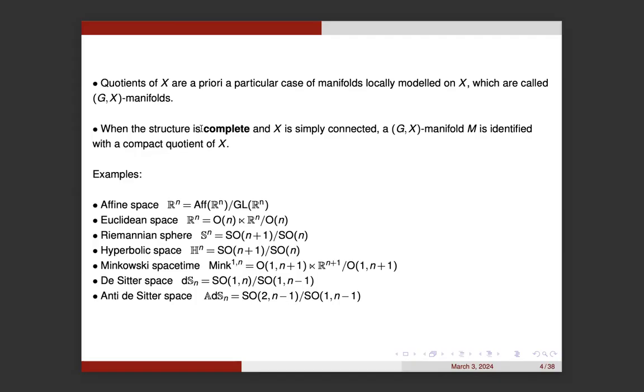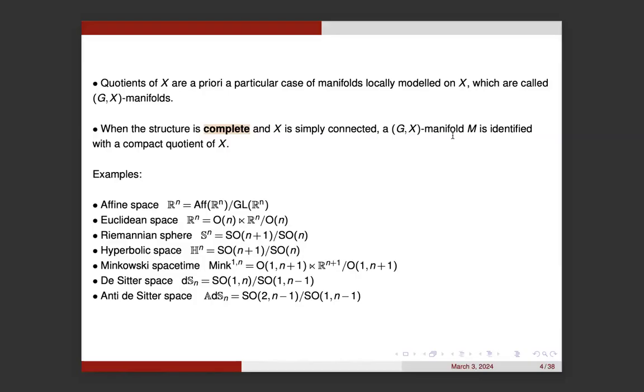But when the structure is complete, which is a notion related to GX structures, then the manifolds locally modeled on X, locally isomorphic to X, are exactly the quotients of X.